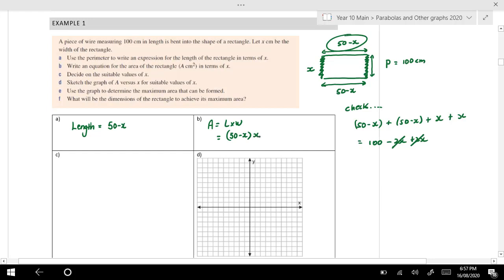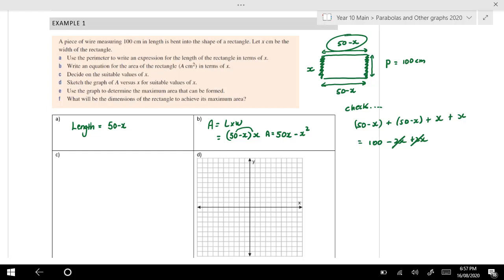If I expand that out, you can see this is what we call a quadratic. 50 times x is 50x, and minus x times x is minus x squared. So my area is equal to 50x minus x squared.